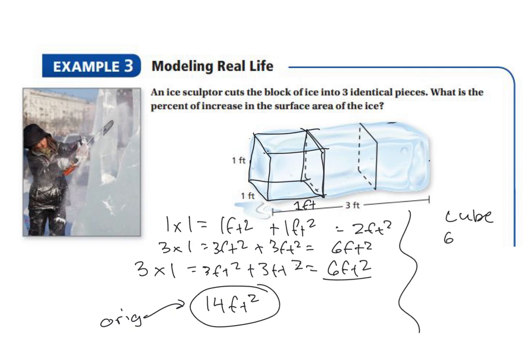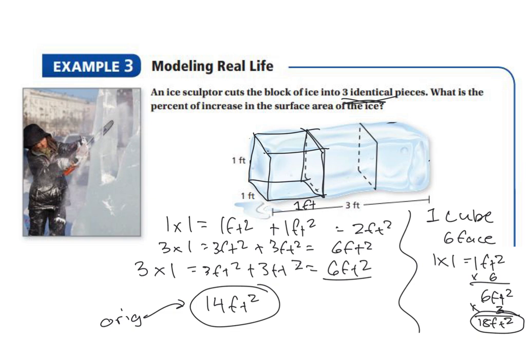We know that a cube has 6 faces, and each face is going to be 1 times 1. So that's 1 foot squared times 6, and that's 6 feet squared. That is the surface area of just 1 cube. It says we cut it into 3 identical pieces, so we end up with 18 feet squared.